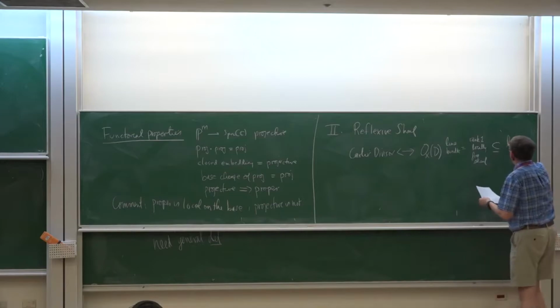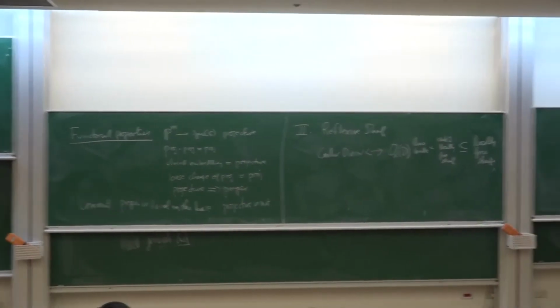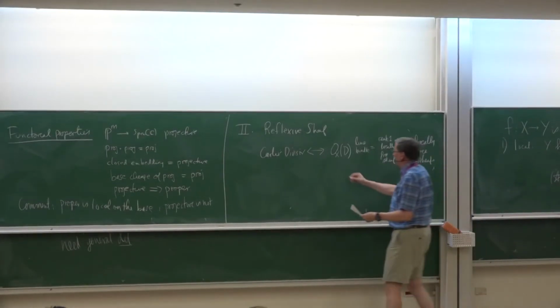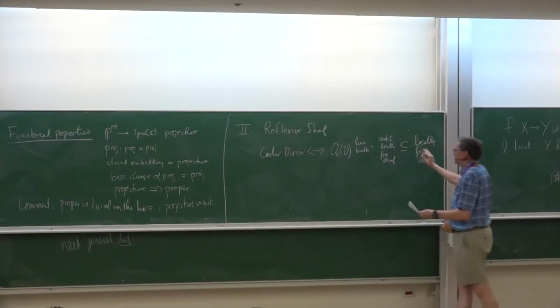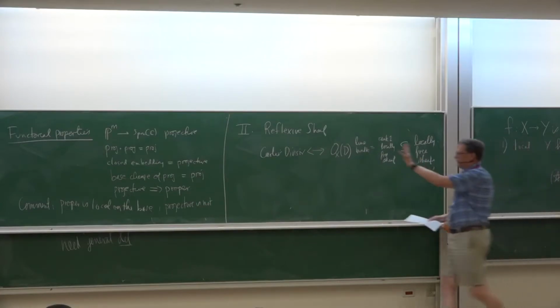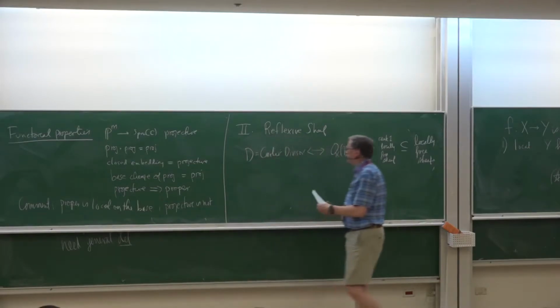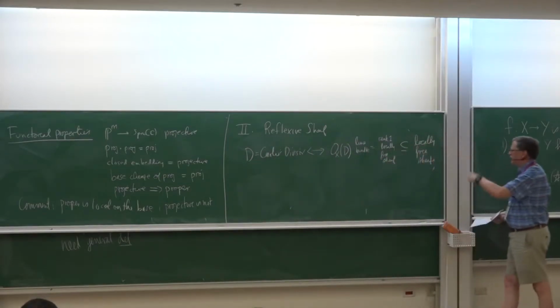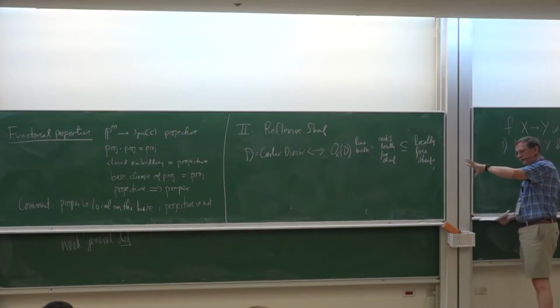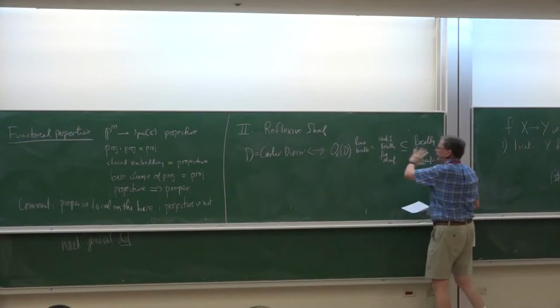And of course that's contained in the larger universe of locally free sheaves of ranks 1, 2, 3, 4, and so on. So the idea is we have a really good sheaf understanding, and in modern algebraic geometry, sheaves are pretty important. So Cartier divisors are definitely important objects, but a lot of people really think of them in terms of the sheaves that come from them, and the sheaves are really nice.